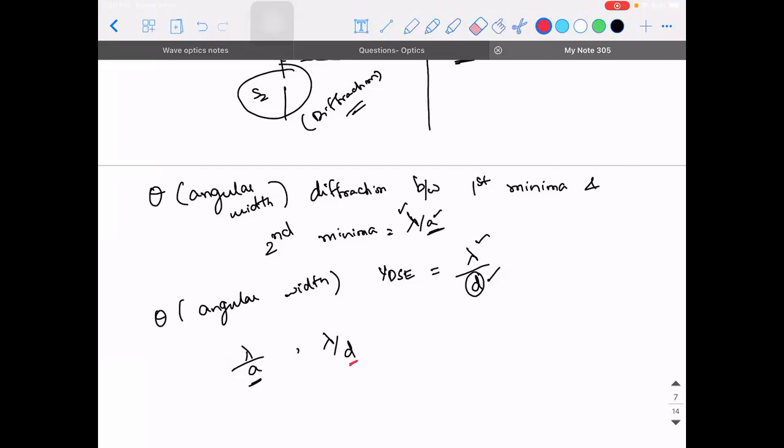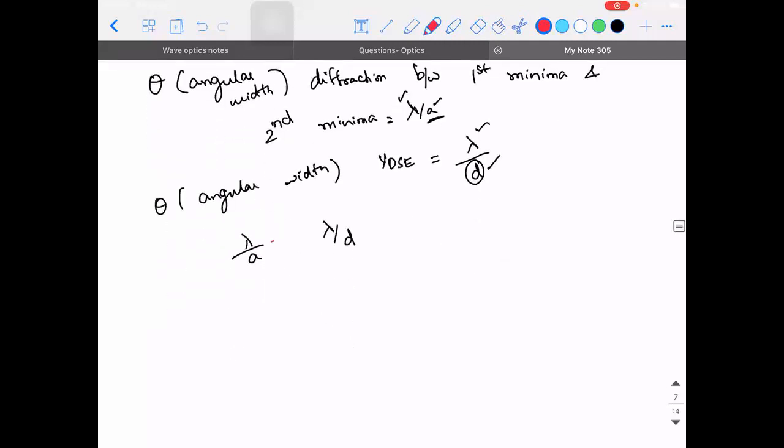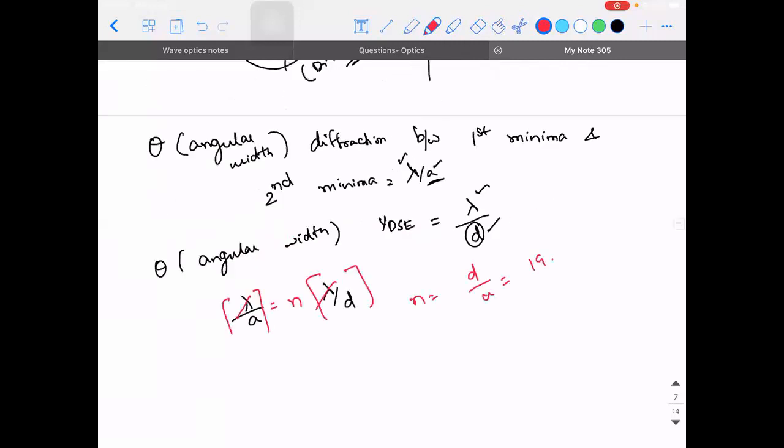Now look at the way I'm going to relate the angular width in the case of diffraction and interference. Lambda by a, I will write it as n times lambda divided by d, so that this lambda will be equal to this and this will get cancelled. d divided by a, that is 19.4.05.